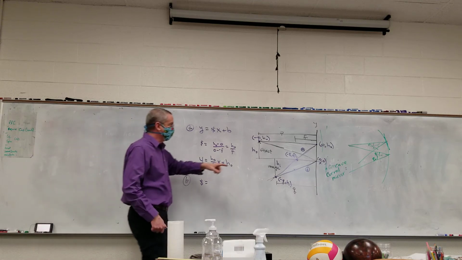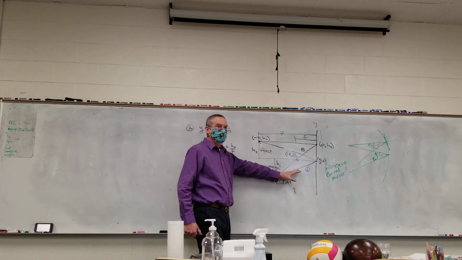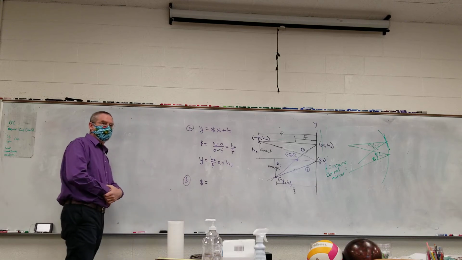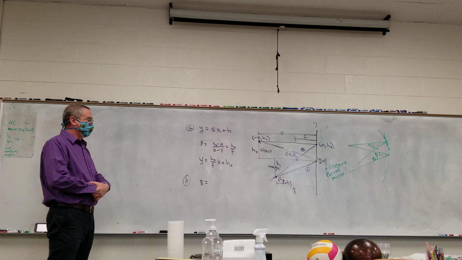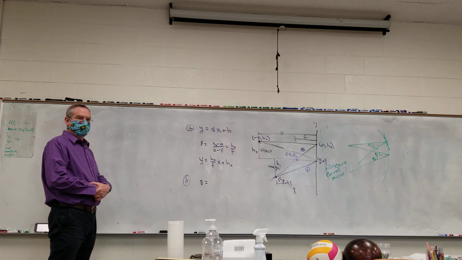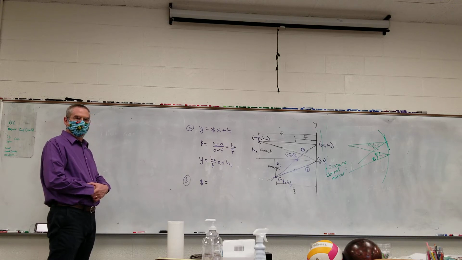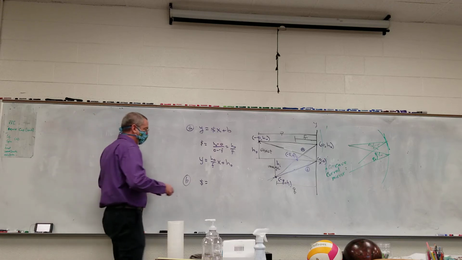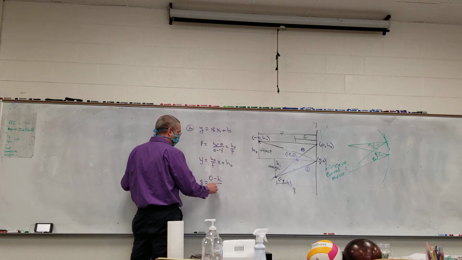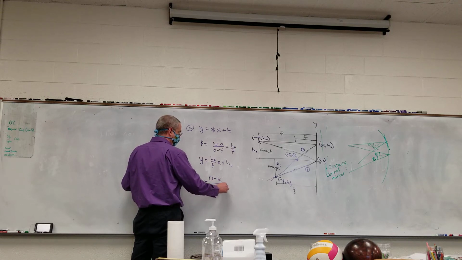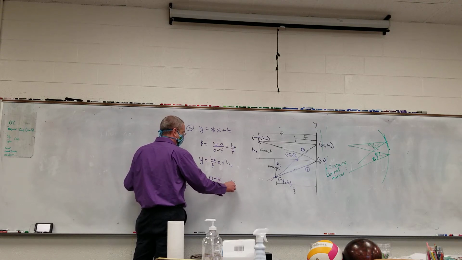No, line B doesn't go through the focal point. This is line B down here. It is 0 minus HI over 0 minus negative Q, which is negative hi over q.